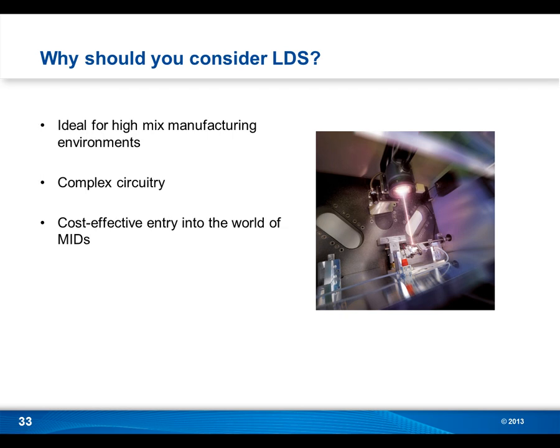Whereas other MID manufacturing methods may only allow for large volume production, with LDS you can go from prototyping, just one or two parts, all the way through mass production of, as we saw earlier, mobile device antennas. Then, while the overall part is simpler, because you're using a very small laser beam to etch the wiring directly onto the plastic, you can create very complex circuitry, as we saw, for example, in the drill shield application. And then finally, it's really a cost-effective entry into the world of MIDs.